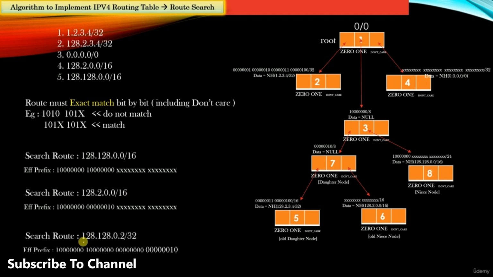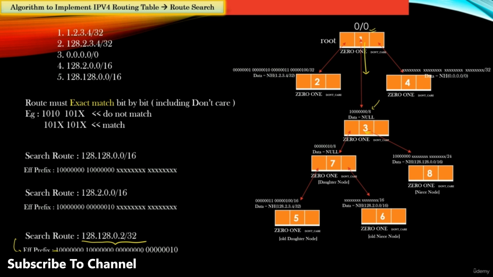Similarly, if I want to search the route 128.128.0.2/32, then again compute the effective prefix of this route and start your search from the root node of the M-try. Since the first bit of this prefix is 1, I will take a path along the 1th child of the root node and I will land at node number 3, whose prefix length is 8.